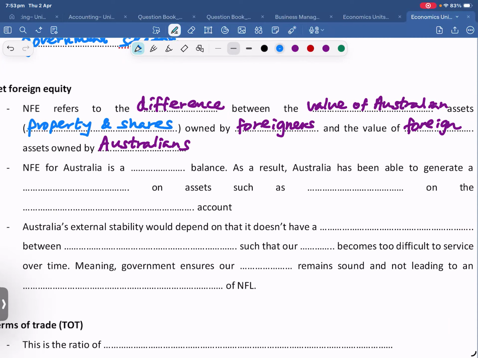Next one, NFE for Australia is a positive balance.